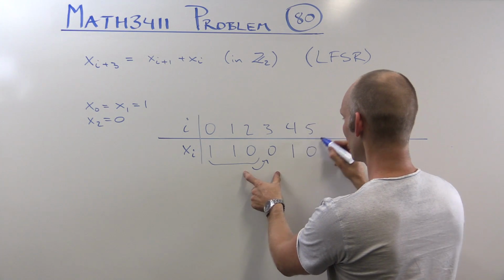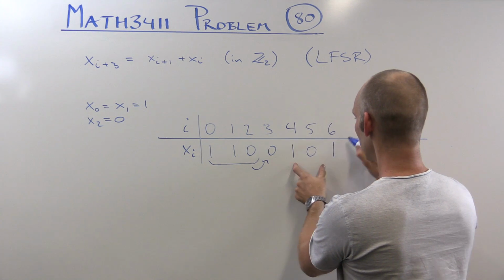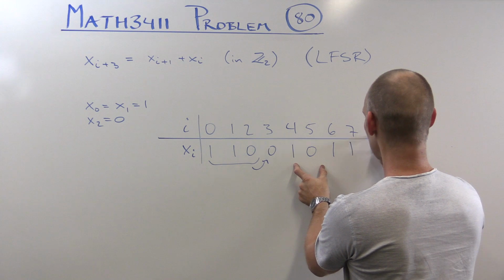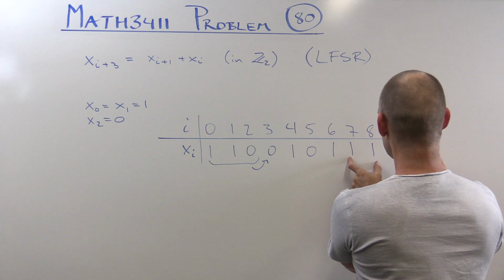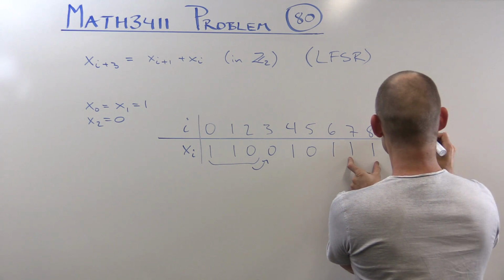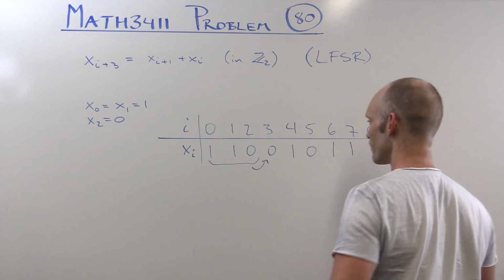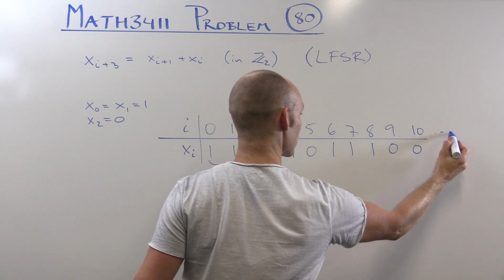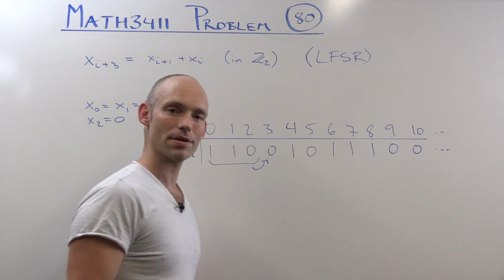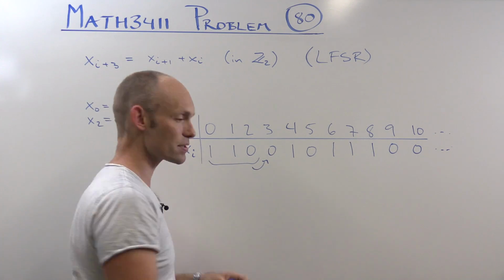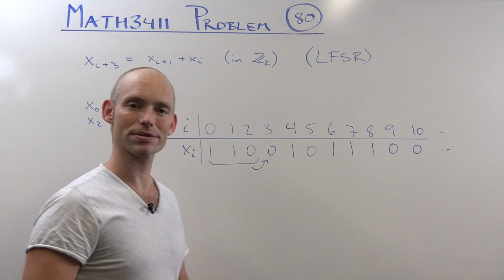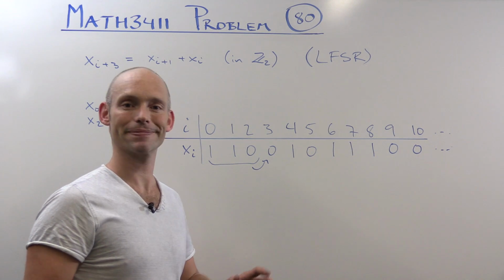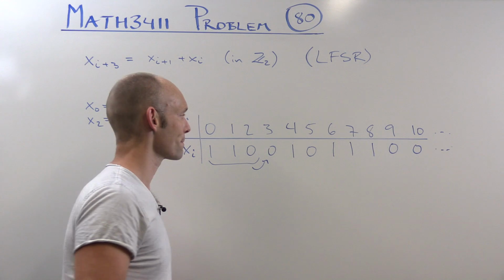So we get 0, 1, 1, 1, 0, and 0. And you can continue. So this gives you a sequence of zeros and ones, and those numbers, you can consider them to be sort of random, so we call them pseudo-random.